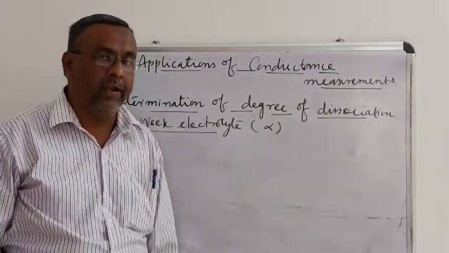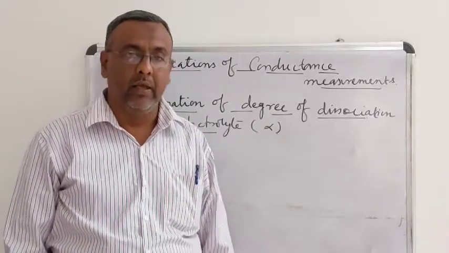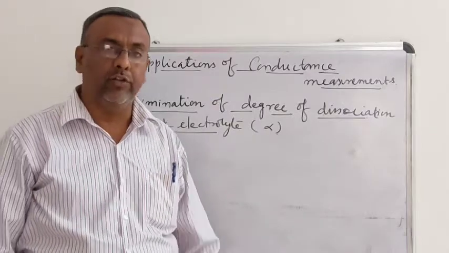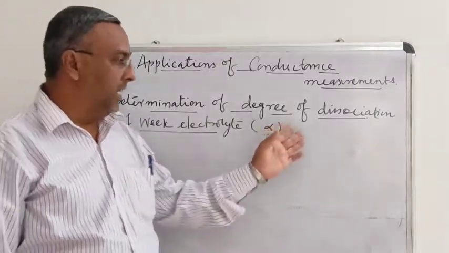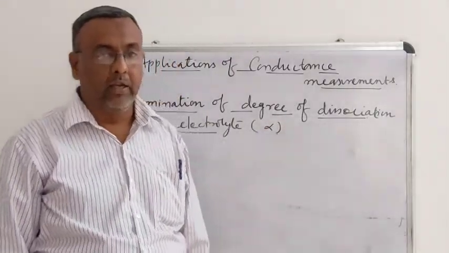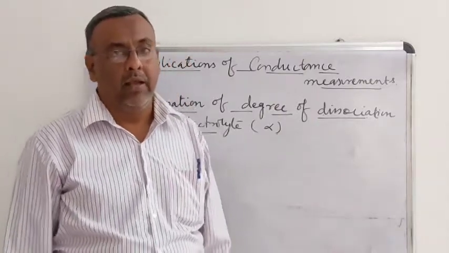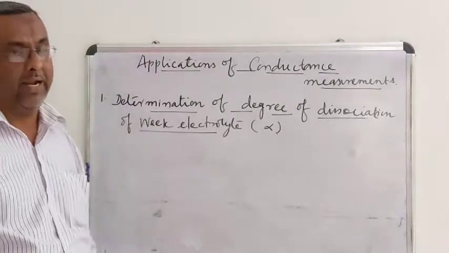We have already studied that the degree of dissociation is nothing but the fraction of the total electrolyte that has undergone dissociation into solution at the attainment of equilibrium, or to what extent it has been dissociated. That can be easily calculated by using conductance measurement.